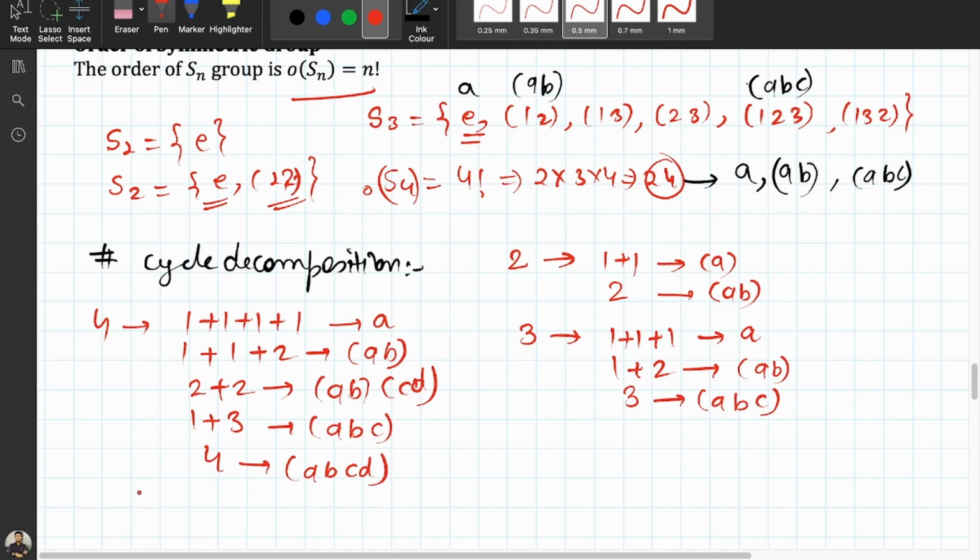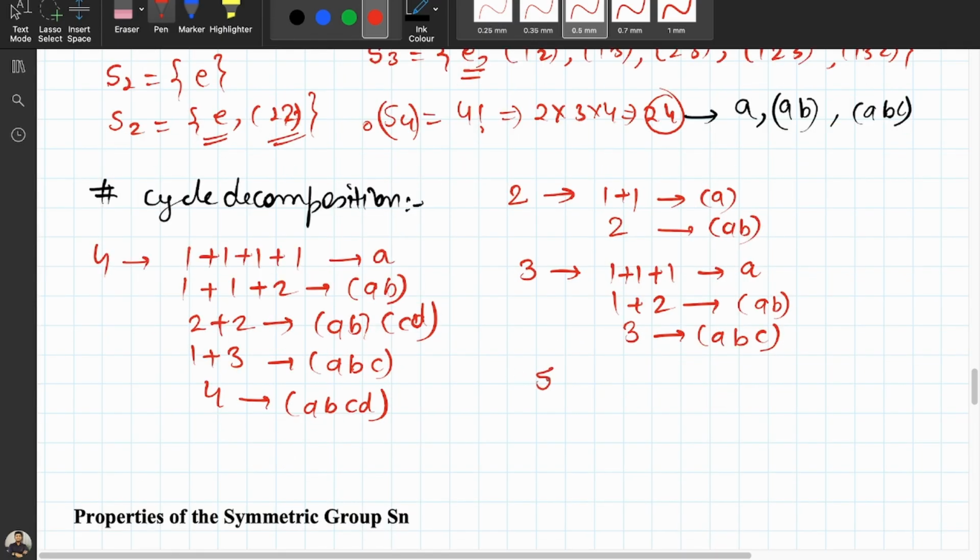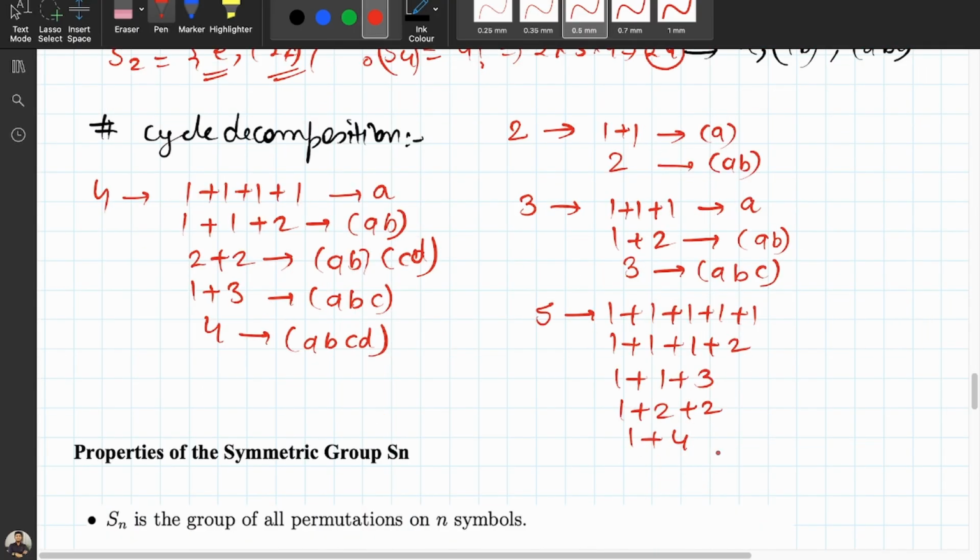For example, for 5, you can write 1 plus 1 plus 1 plus 1 plus 1, then 1 plus 1 plus 1 plus 2, then 1 plus 1 plus 3, then 1 plus 2 plus 2, 1 plus 4, and 5. One more thing is there, that is 2 plus 3.